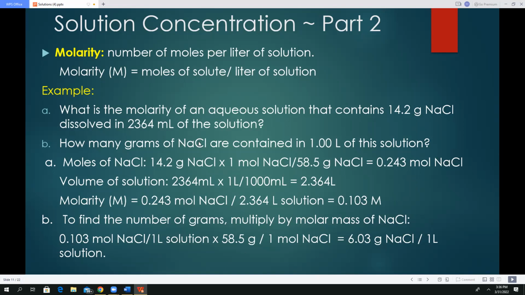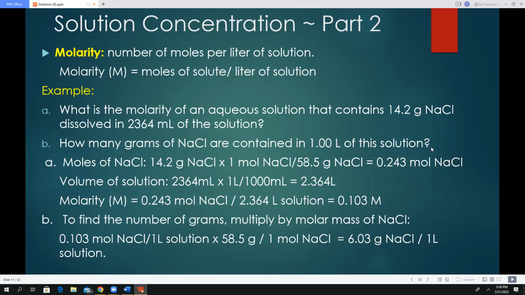Okay, so this is how many grams of sodium chloride are contained in 1 liter of the solution. Well, you know the molarity. Since you know the molarity is 0.103, and you are going to say that molarity is equal to moles per liter, right?